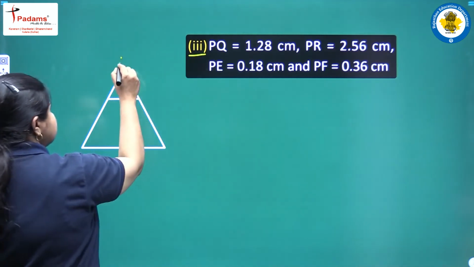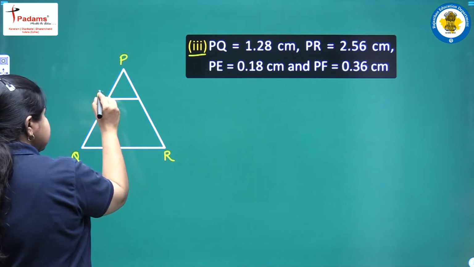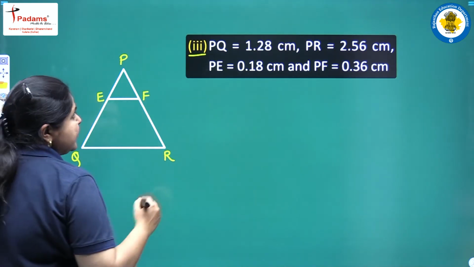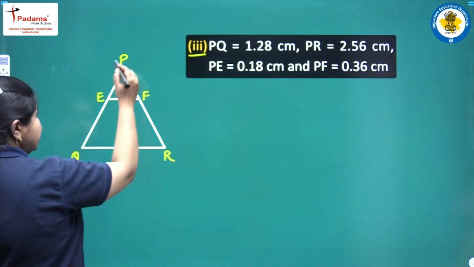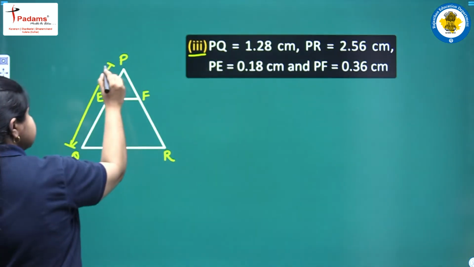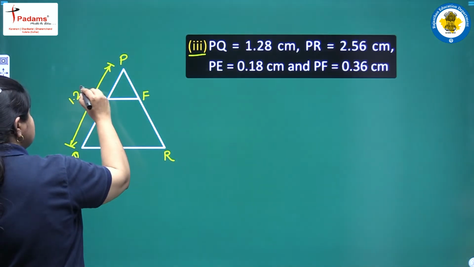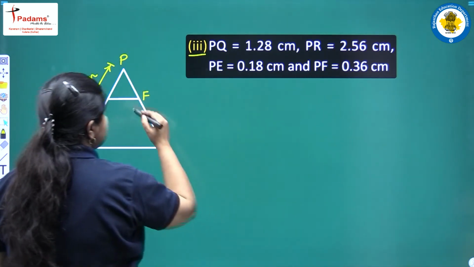Here again we have triangle PQR and we have been given points E and F, and here PQ is measuring 1.28 centimeters. PQ ये तो full length है, यहाँ से लेकर पूरा Q तक. And then we have PR 2.56 centimeters.